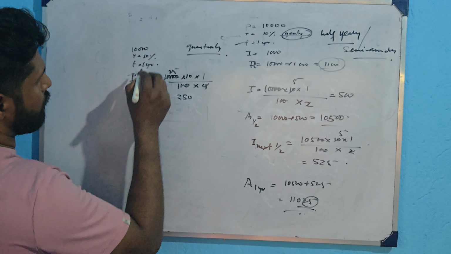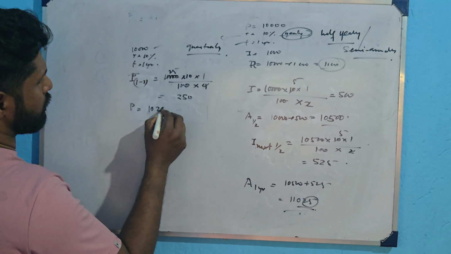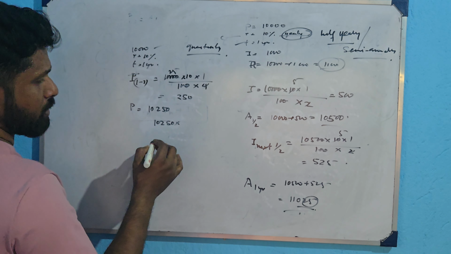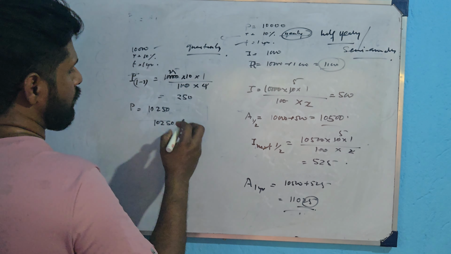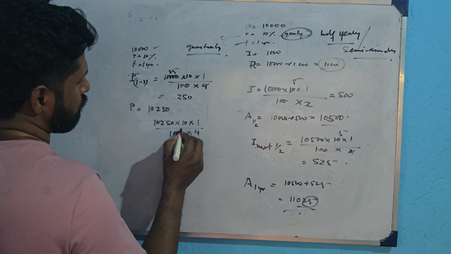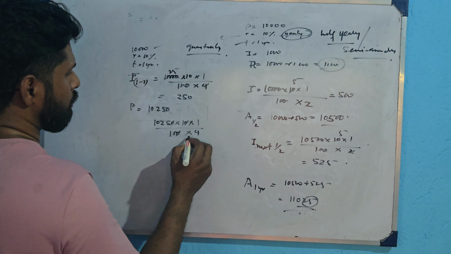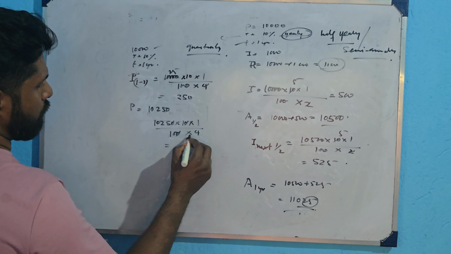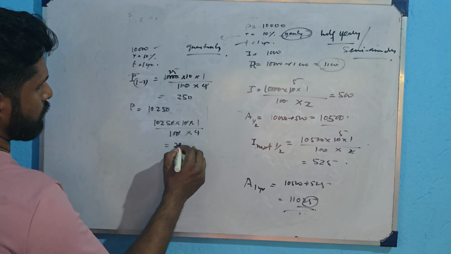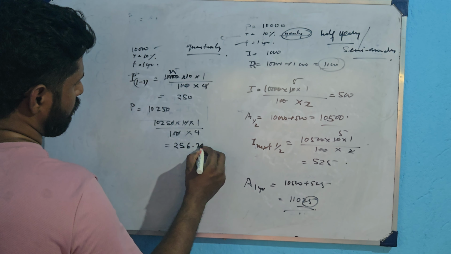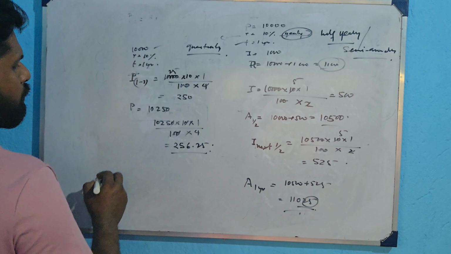The next principal you are getting is 10,000 plus 250, 10,250, and interest for the next 3 months will be 10,250 by 4, which will be 256.25.